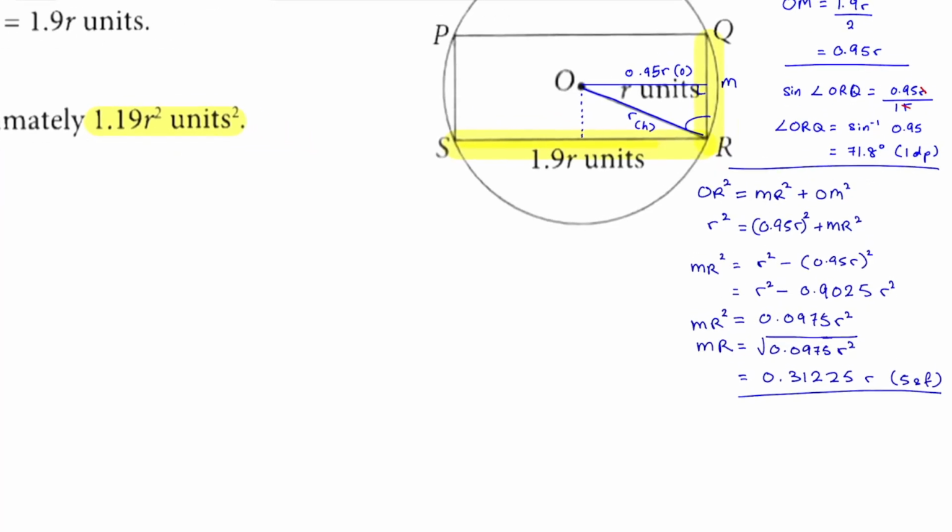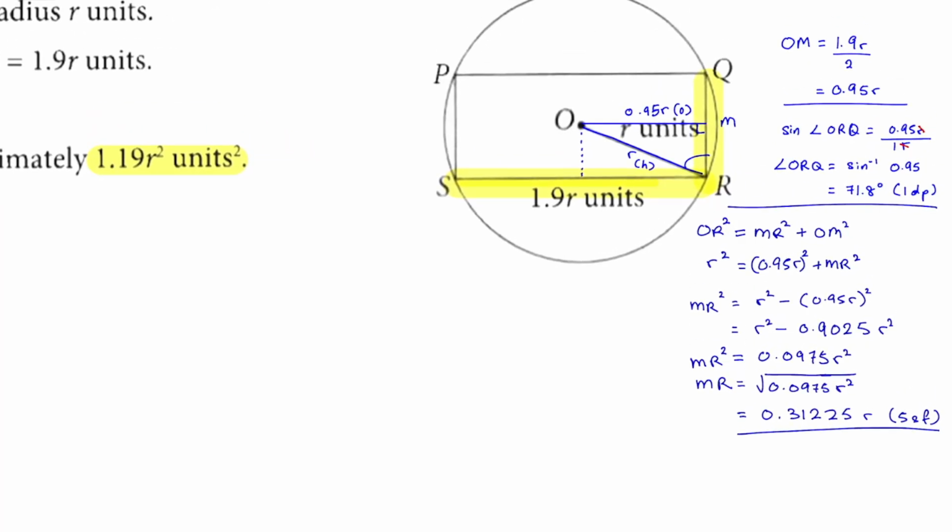Then once I have MR, I will times 2 to get QR. So QR equals 2 times 0.31225r, which equals 0.62450r. Then we have my QR.